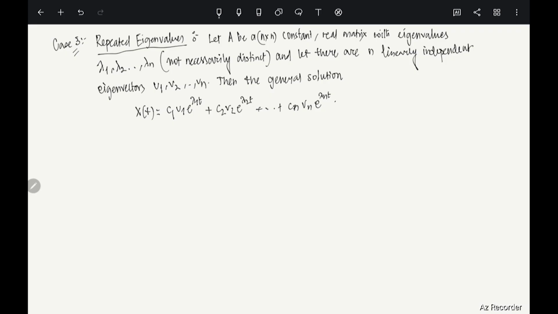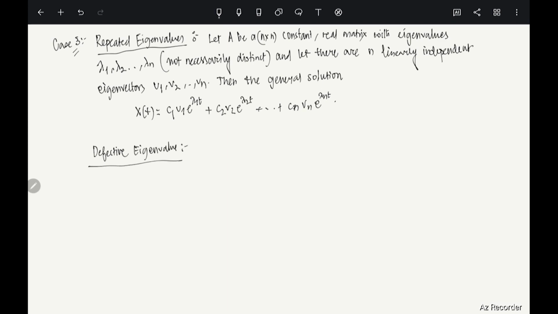The problem lies here: if there are not n linearly independent eigenvectors. So the problem is this: defective eigenvalue. What do I mean by defective eigenvalue?